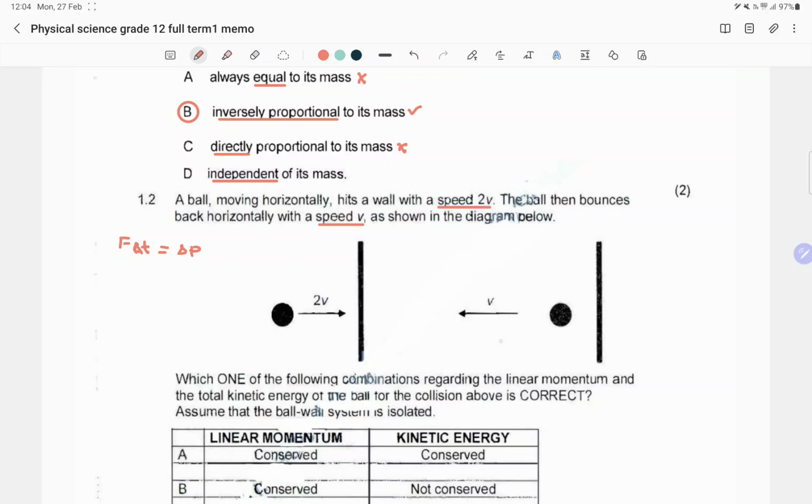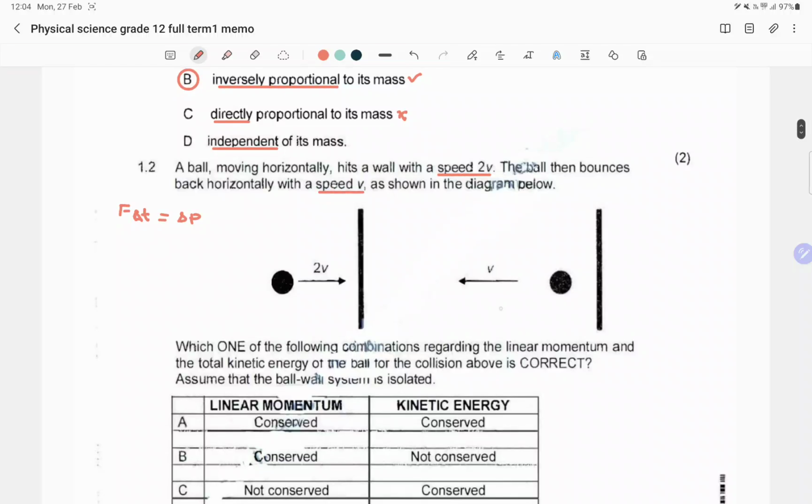There's definitely going to be a change in momentum. But you can notice that the initial velocity was 2v and the last velocity is v. So you can say kinetic energy is not really conserved. But we were not told anything about this system so far, so we can just say probably only linear momentum could be conserved, but kinetic doesn't look conserved.